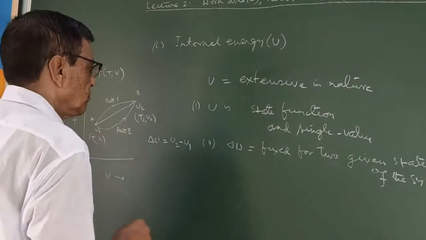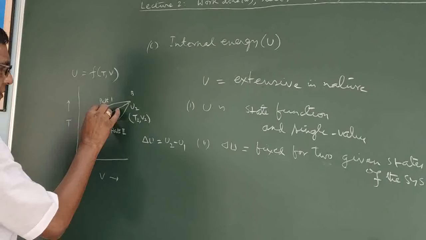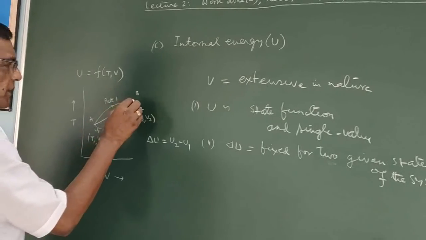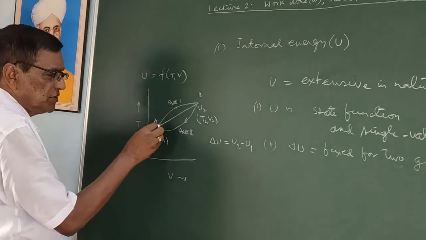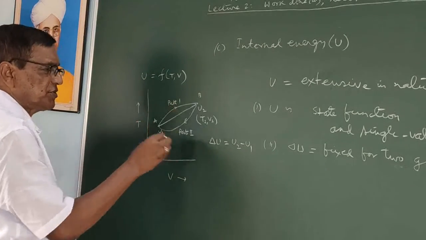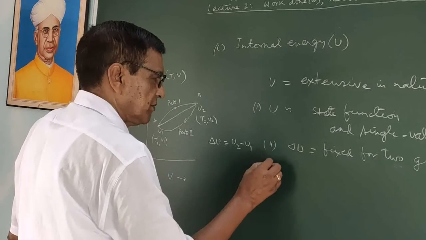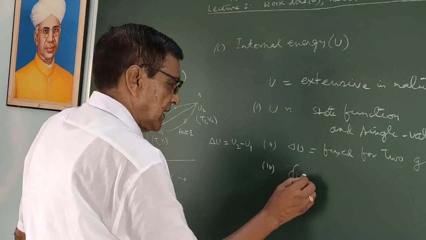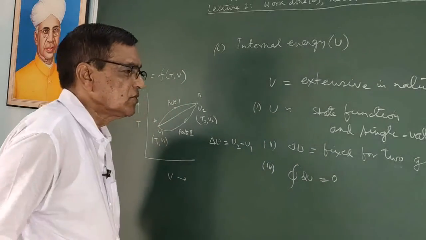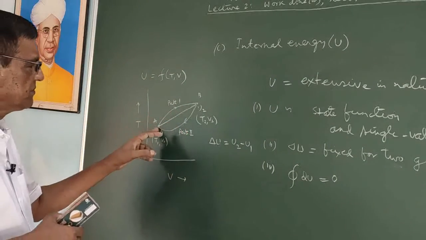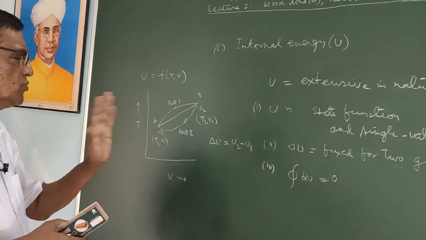Not only that, if we go by path 1 and come back by path 2 to the initial state, then this process is a cyclic process, and in a cyclic process the integral of dU is equal to 0. Since we come to the same state, and the same state means the same internal energy, there is no energy change.